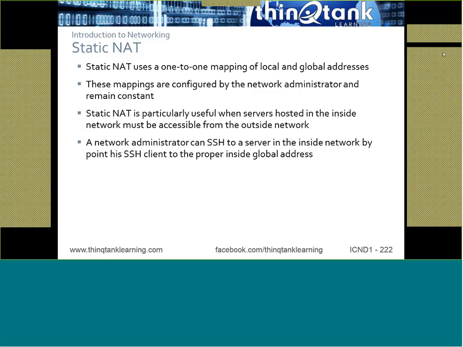But the dynamic process doesn't allow people to connect to that server unless the connection's already been established from the inside to the outside. So what do we do? We set up a static NAT translation that allows that communication in both directions. All right? We'll see a visual representation of this here.